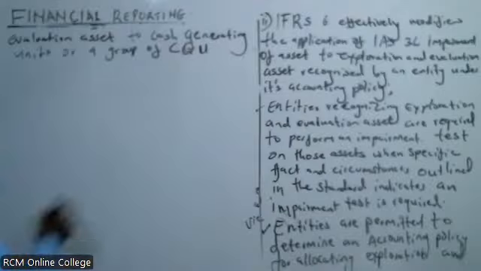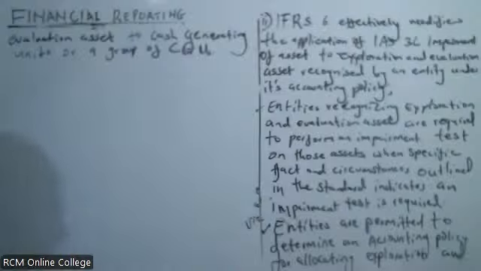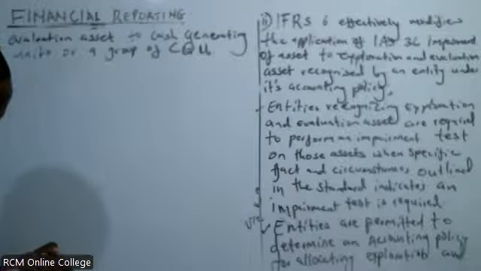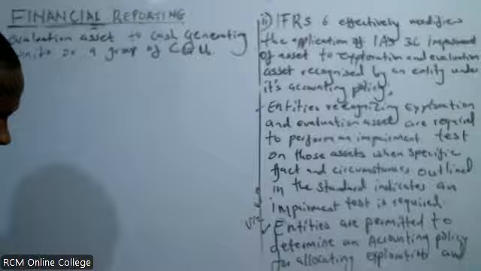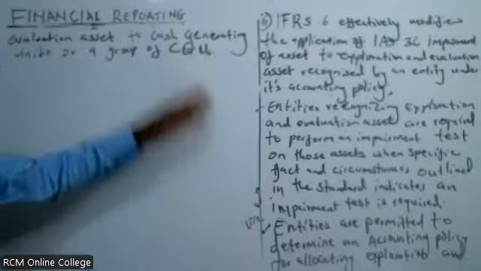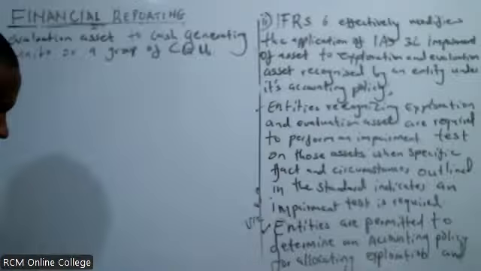So CGU or a group of cash generating units. Under that, you find that the accounting policy may result in a different allocation than what would otherwise arise on applying the requirements of IAS 36. So it may come with different policies in that angle.